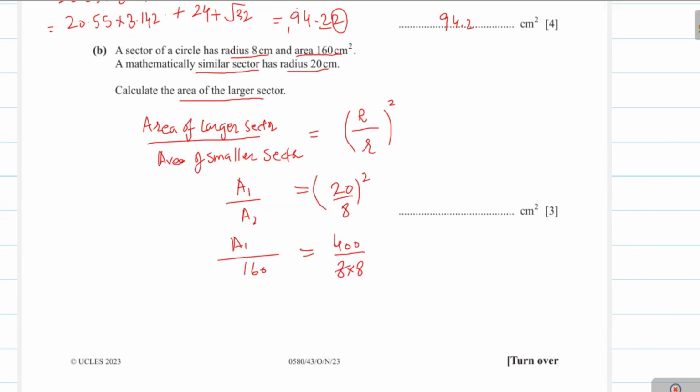Now we simplify it. 8 times 5 is 40. And now A1 will be equal to 50 over 8 multiplied by 160. Now 8 times 20 is 160. 20 multiplied by 50 is 1000. Now 1000 centimeter square is the answer.